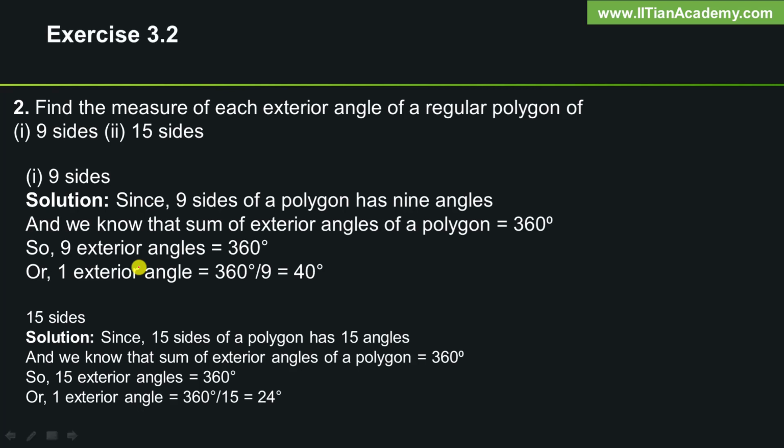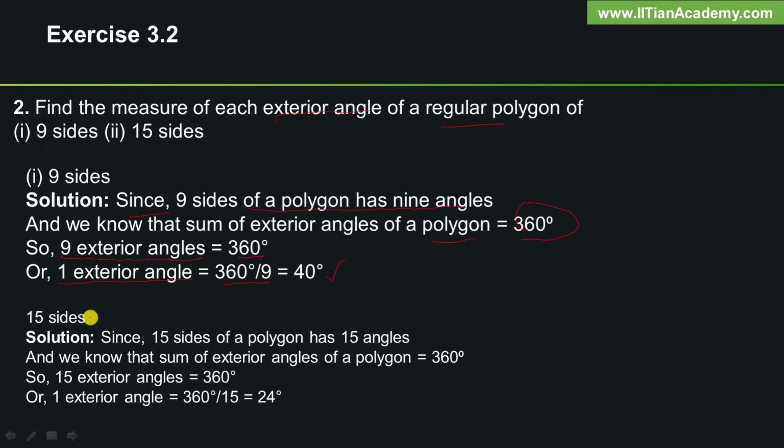We have to find the measure of each exterior angle of a regular polygon. Since 9 sides of a polygon has 9 angles, and we know that the sum of exterior angles of a polygon equals 360, 9 exterior angles equals 360 degrees, or 1 exterior angle equals 360 degrees divided by 9 equals 40 degrees.